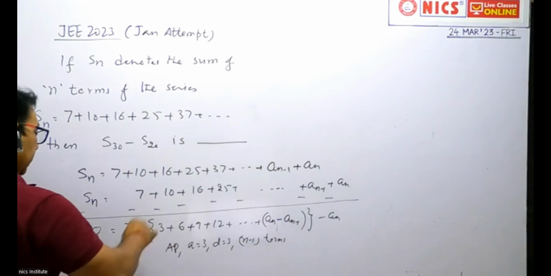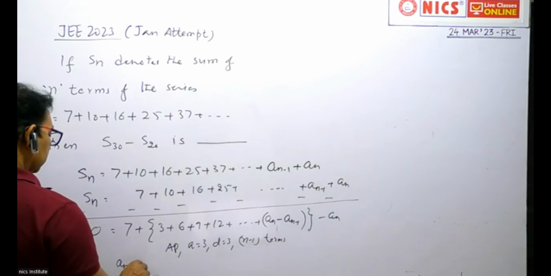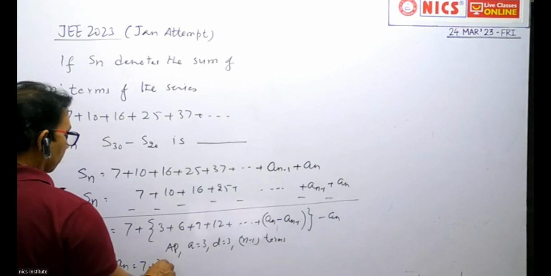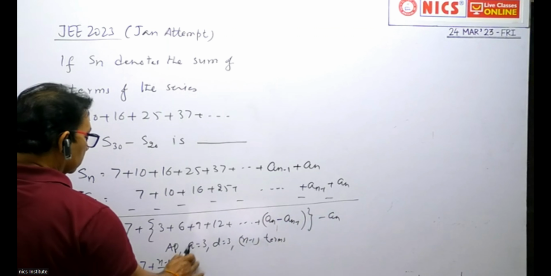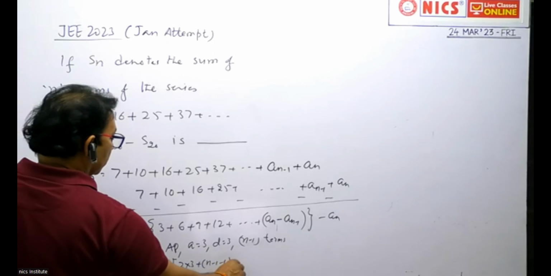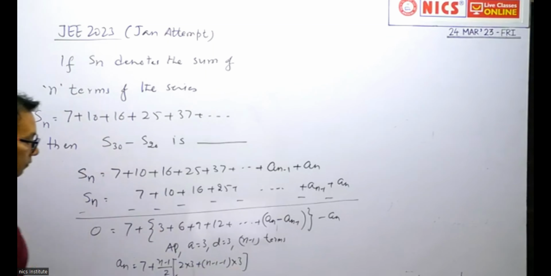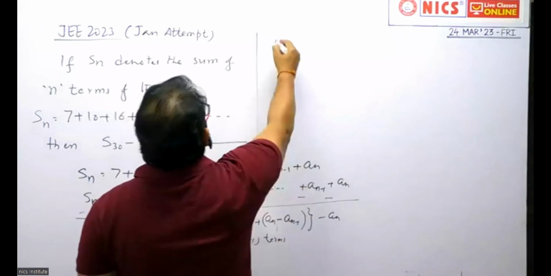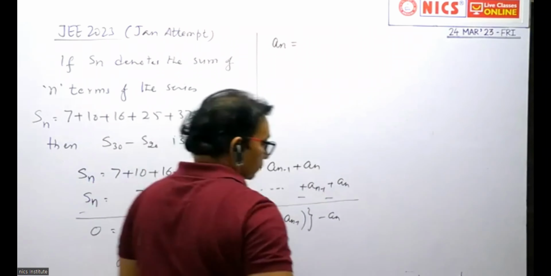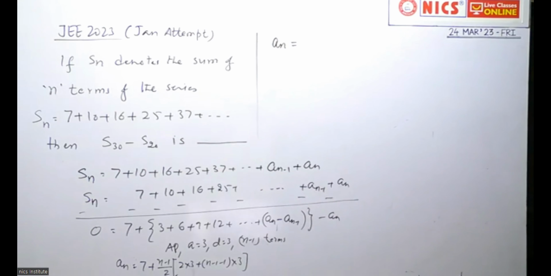So you can bring Tn on the left side, and then you apply the formula of sum of AP, which is n by 2 into 2a, a is 3, plus n minus 1 into d, d is also 3. So this is how you find the nth term. Solve and tell me what is the nth term.